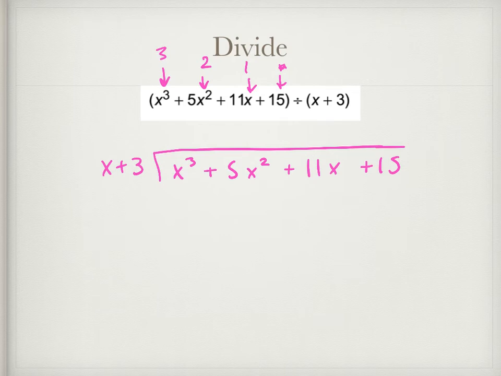So where do we start? The x and x cubed. What times x gives us x cubed? X squared. So we put the x squared term right on top of the x squared. Once we put a number up top, what do we do with it? Multiply out front.